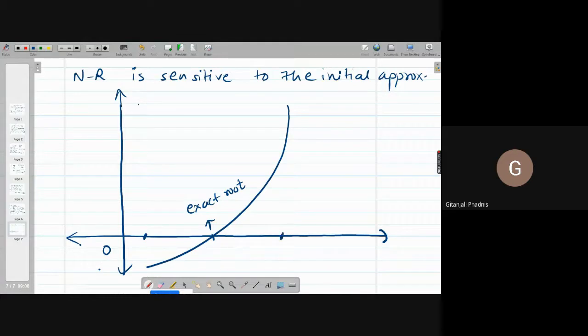Because, see, can anyone tell me what is the geometrical meaning of derivative, f dash x? Can anyone tell me what do you mean by derivative of a function? दोनों तरफ से मैं आपको दिखाने वाली हूँ using Taylor's and using geometrical interpretation. What do you mean by derivative geometrically?